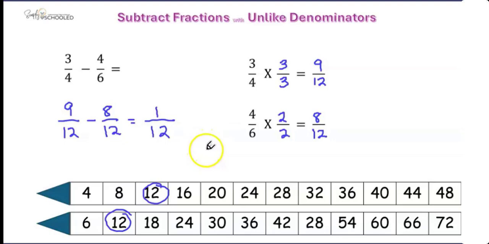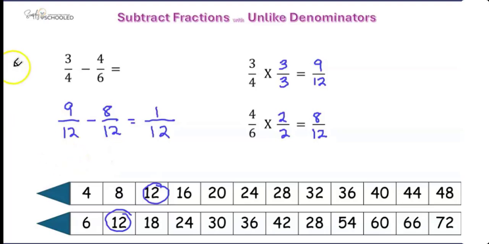Now, I want to point out something that tends to be difficult for students as you're learning this. When you first look at this problem, you notice the numerators would be like 3 minus 4, and you can't take 4 from 3. But this is still a bigger fraction, and you can see that when we find like denominators.